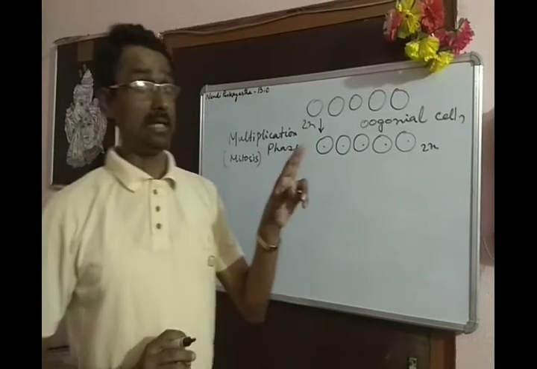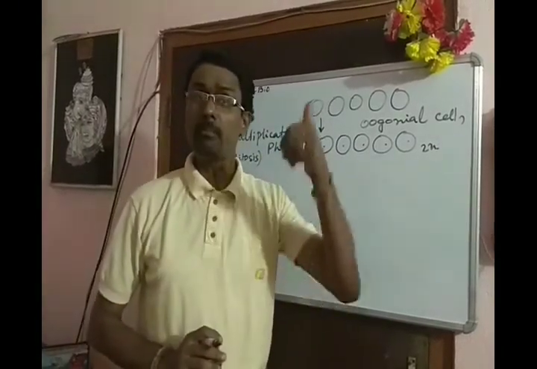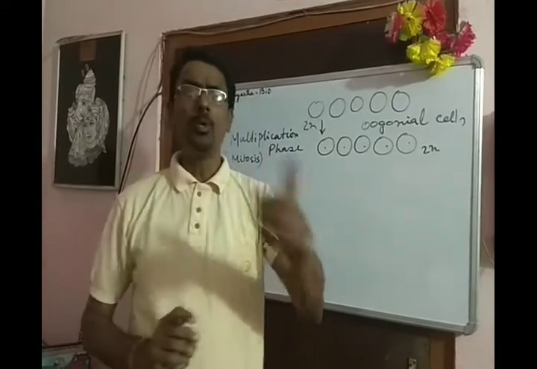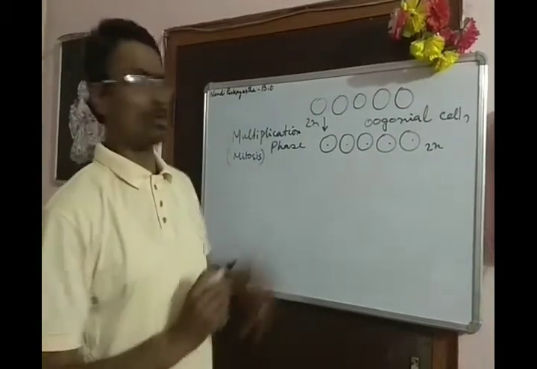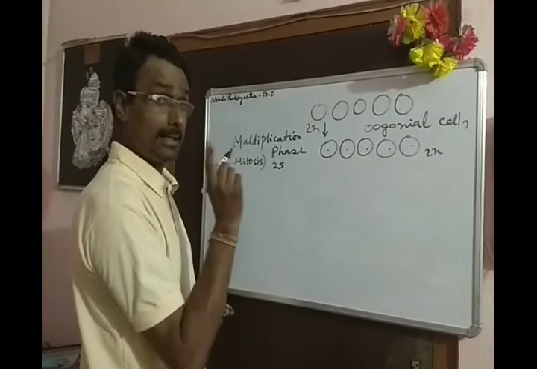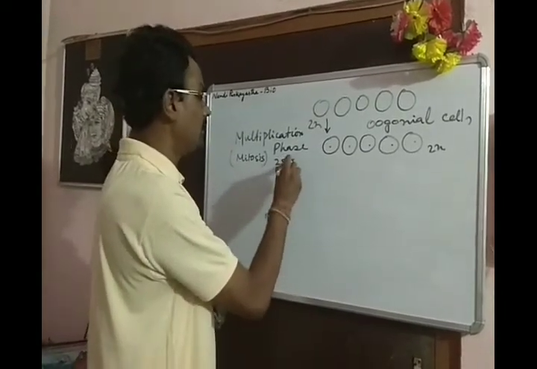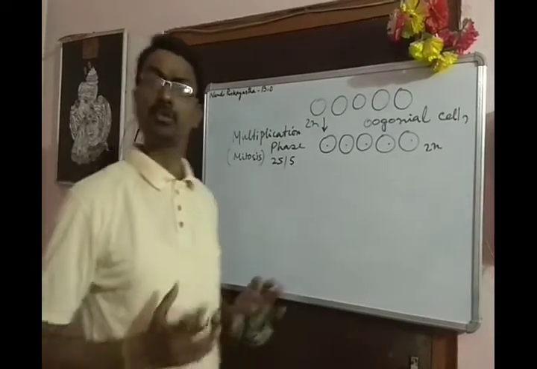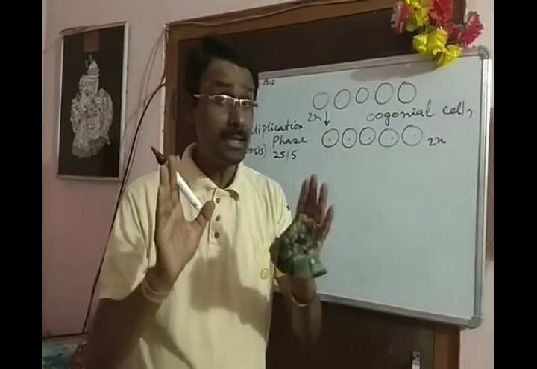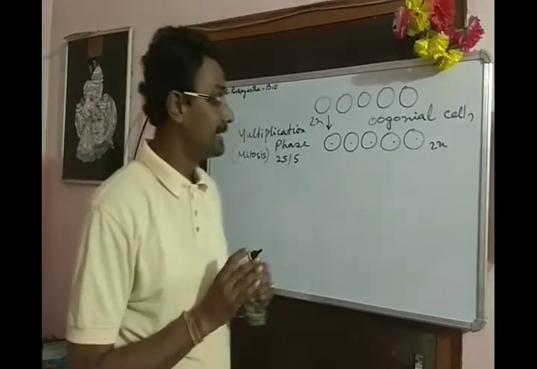Try to get what I am telling. This process of multiplication by mitosis gets completed when the fetus completes 25 weeks, or 5 months inside the mother's womb, before taking birth.